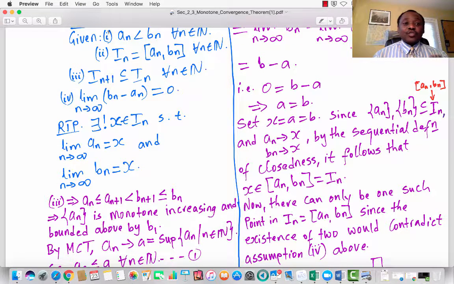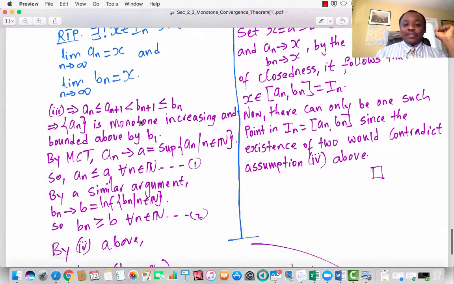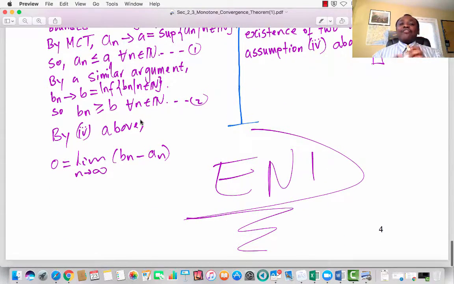Therefore, if conditions 1, 2, 3, and 4 hold, we just proved that there exists a unique x in the interval In such that both an and bn converge to x. And that brings us to the end of the proof and the end of section 2.3.